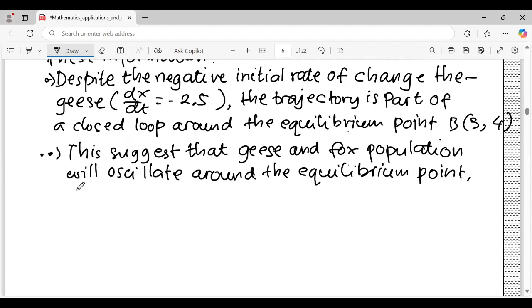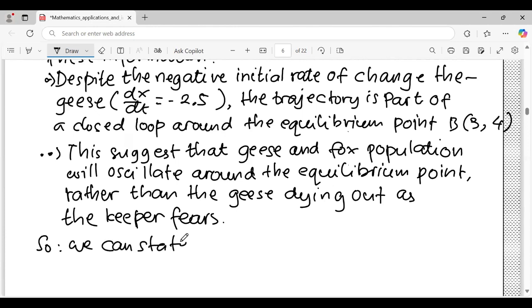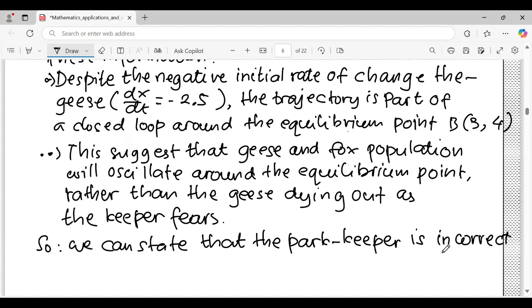Rather than the geese dying out as the keeper fears, we can state that the park keeper is incorrect.